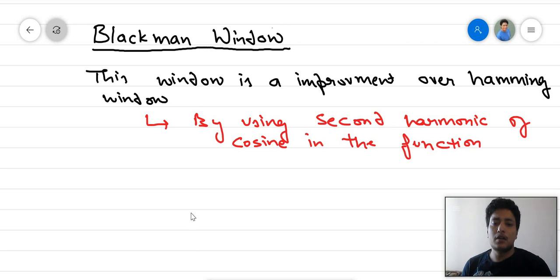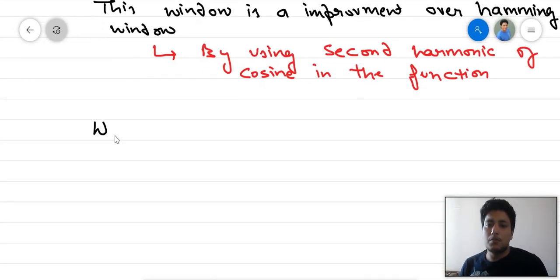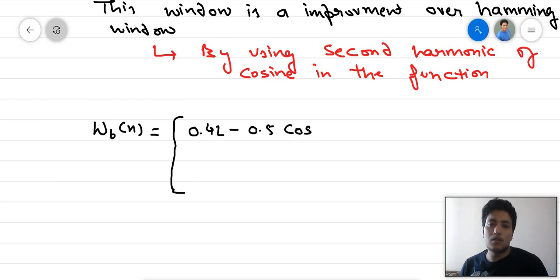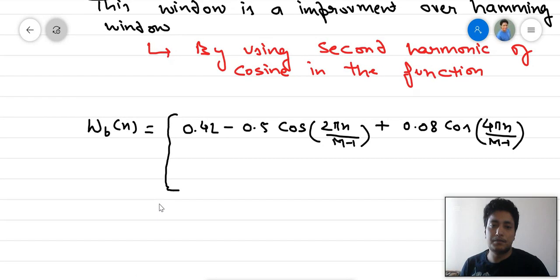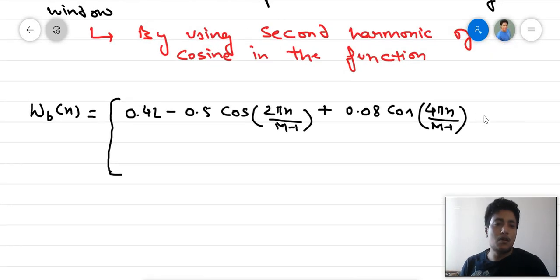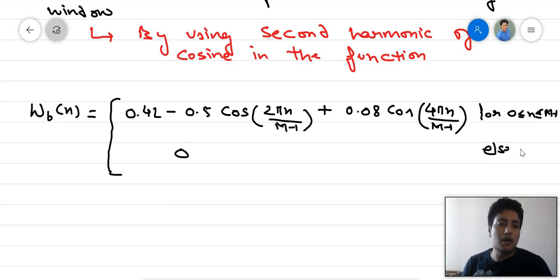So we can represent the Blackman window as w_B(n) equals 0.42 minus 0.5 cos(2 pi n by M minus 1) plus 0.08 cos(4 pi n by M minus 1), for 0 to n up to M minus 1, and 0 elsewhere.